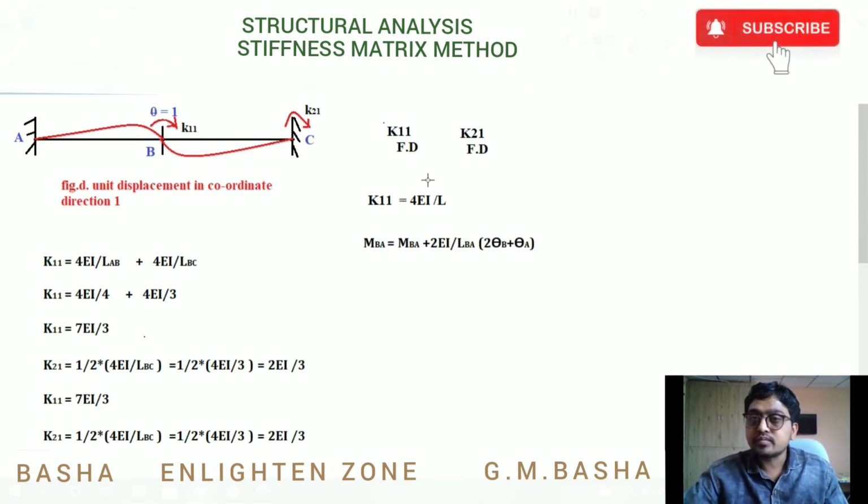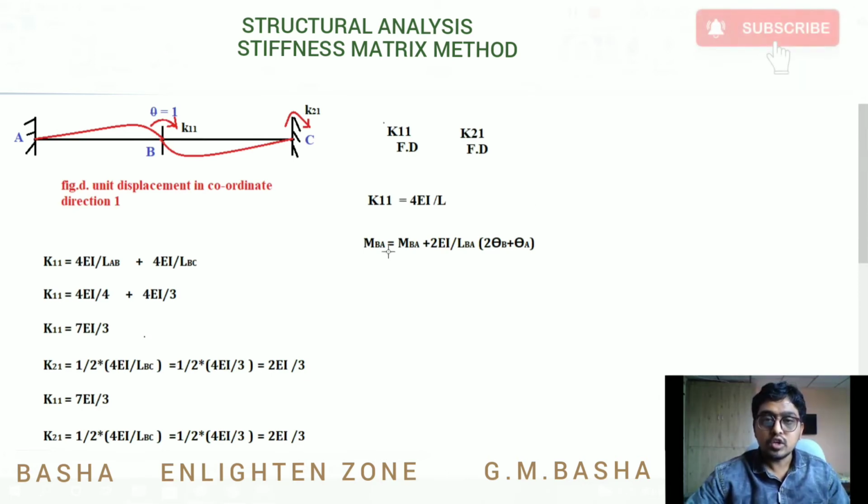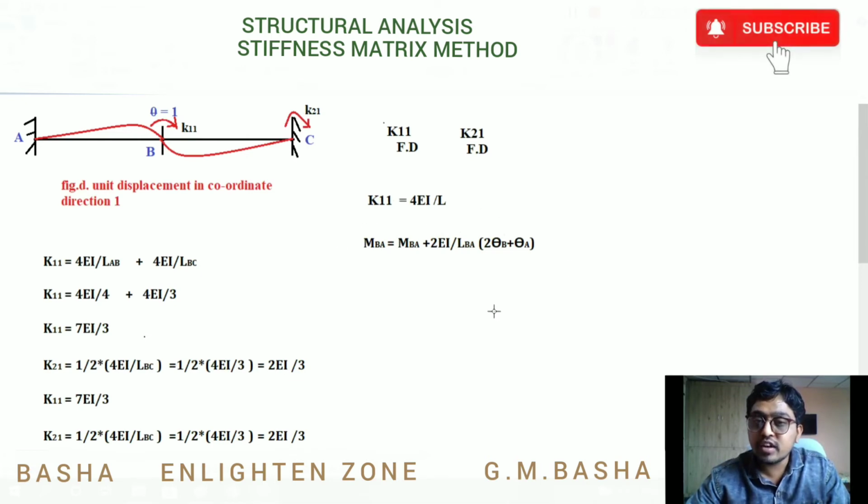So this 4EI by L can be obtained by using the slope deflection equation. Already you know the slopes at the fixed ends, that is at A and C, will be equal to 0.